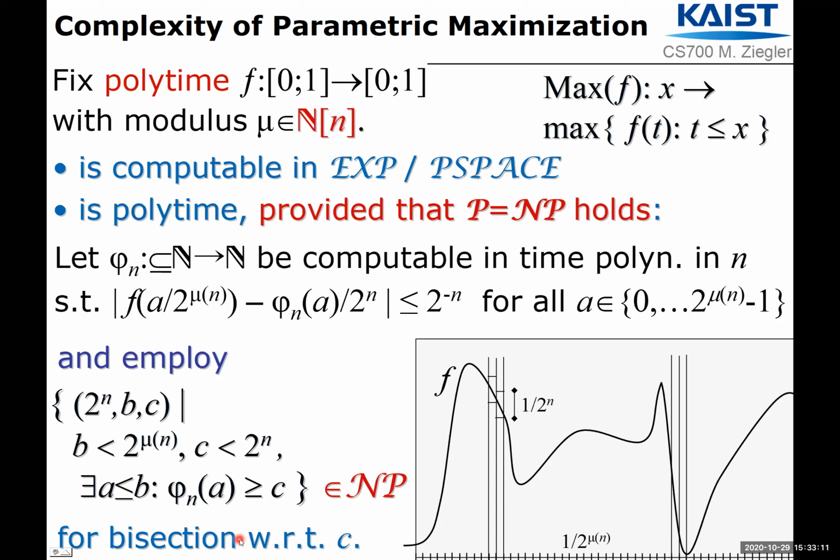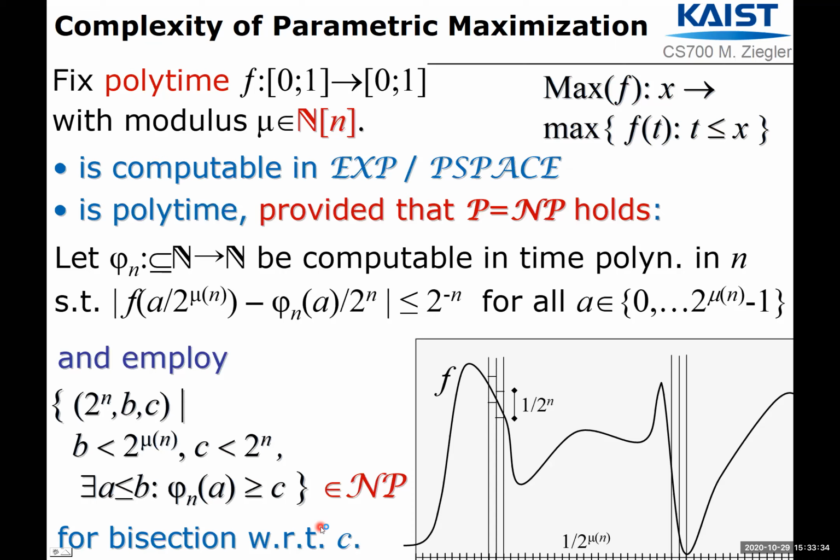I wouldn't know it, but it exists. And then we can use that to perform bisection, there's no real comparison involved again. So we can just do this classical binary bisection to find the threshold value C, and that will be our approximation to the maximum value.